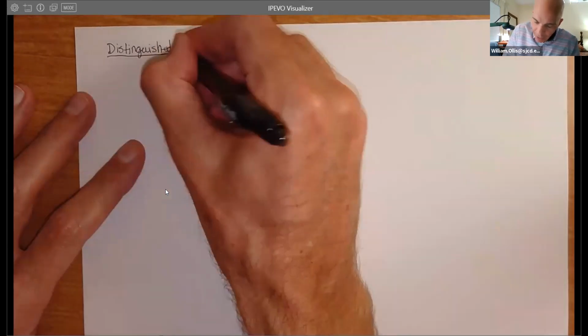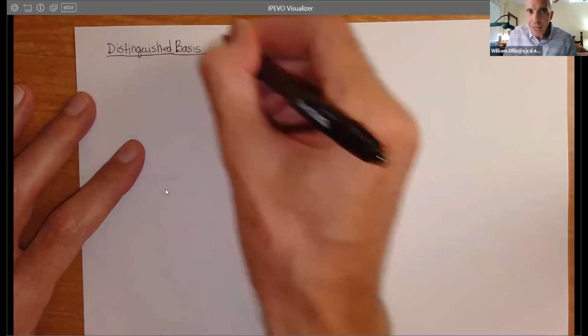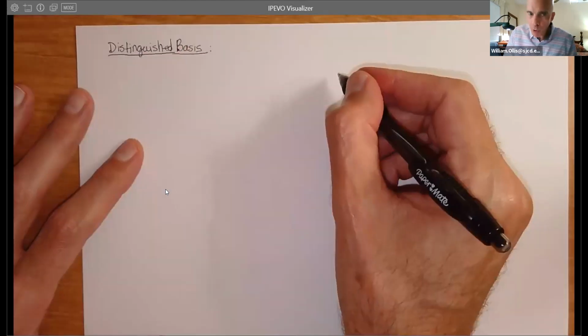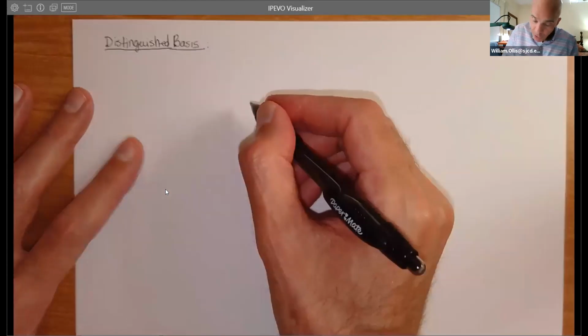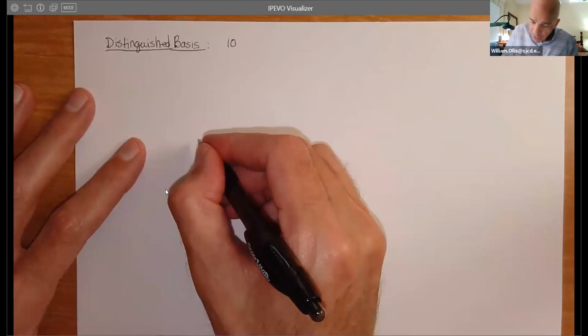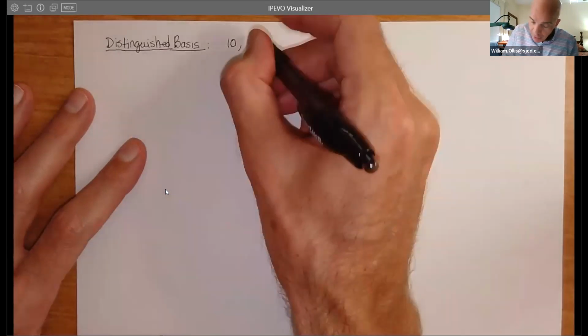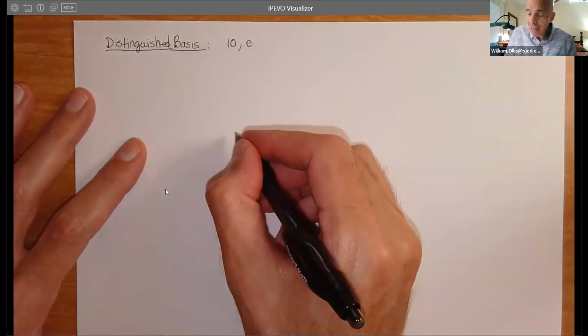So why is that? Why isn't there a subscript for the base? Well, we have two bases that occur often in our work, or at least as humans. We have the base 10, which is the base of our number system. And then we have the natural base, which we symbolize by e.